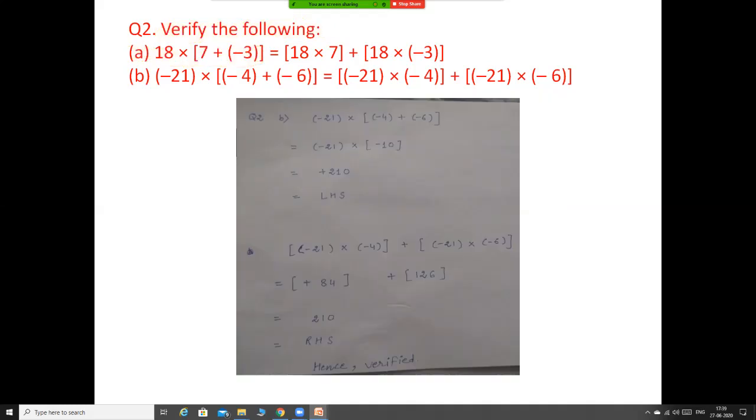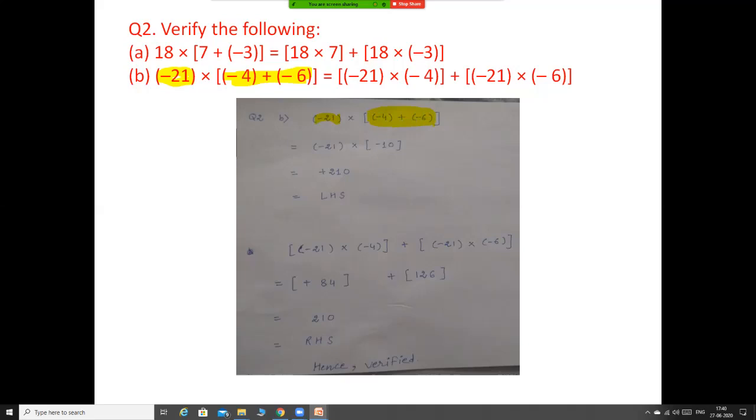Now let us take B part of question number 2. Verify the following. Again we are taking the left hand side. What is the left hand side? Minus 21 into minus 4 minus 6. Inside this closed bracket we solve first.